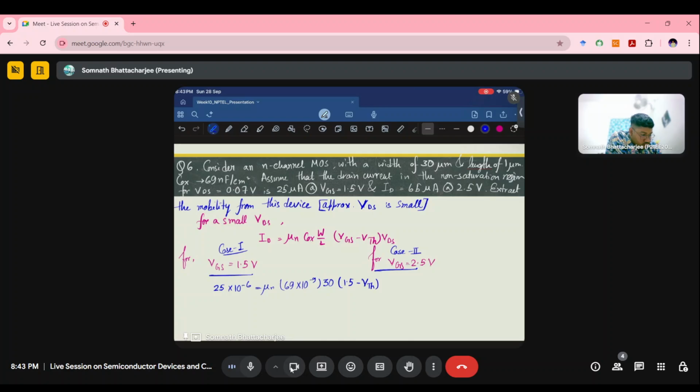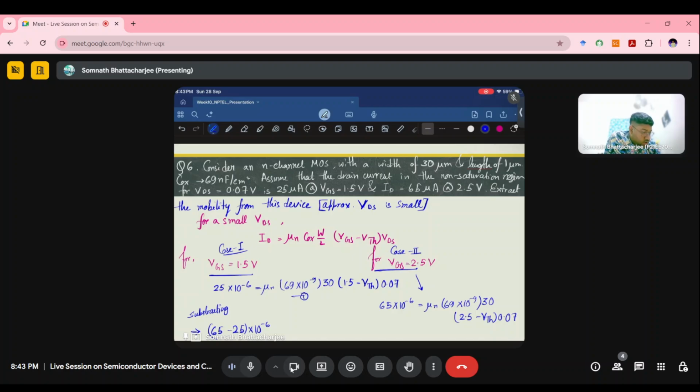Similarly, 65 times 10 to the power minus 6 equals mu n times 69 times 10 to the power minus 9, times 30 times 2.5 minus VTH, times 0.07. The best thing will be to just subtract these two. If we subtract, it will be like this: 10 to the minus 6, subtraction.